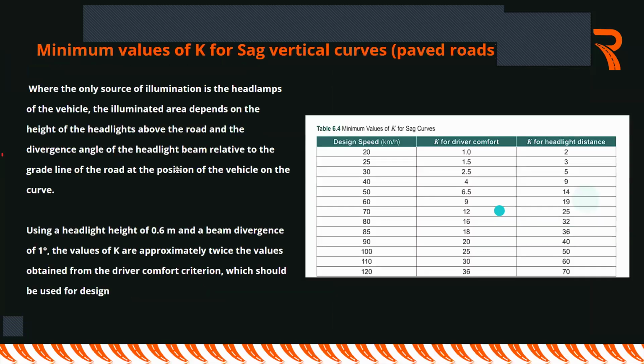So we'll jump to the design of sag curve. Now, when it comes to sag curve, remember the crest curves mostly take care of the safety aspect and the blind spot. And then the second one is the sag curve. When we are talking about sag curve, we need to think of it in terms of, one, drainage is the major aspect.